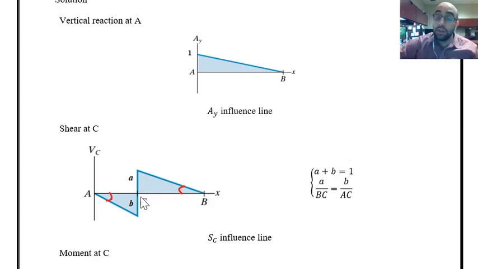The other information that I know is that these lines are parallel, or in other terms, these angles are equal. So B over AC is equal to A over CB. Based on these two equations, I can find the values of A and B, and later we can use them in future questions. But this is the influence line for shear at C.